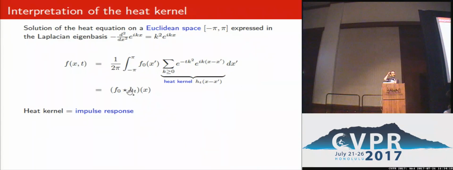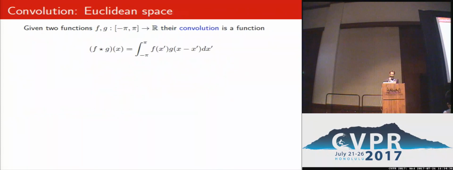And this allows us to interpret it in terms of signal processing. We can actually interpret the heat kernel as the impulse response function. Basically, it's how, if we initialize our heat diffusion equation with the delta function, it will look after time t.